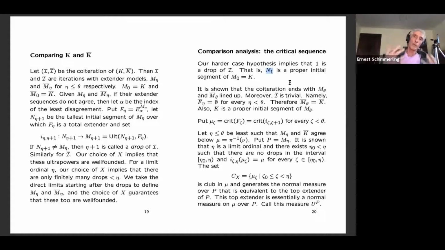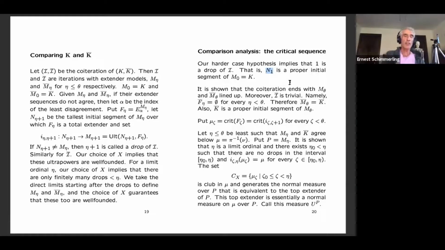And then more analysis shows that this coiteration ends up with M theta, the last model of I, and M theta bar, the last model of I bar, lined up. Moreover, nothing happens on the bar side. So I bar is trivial.